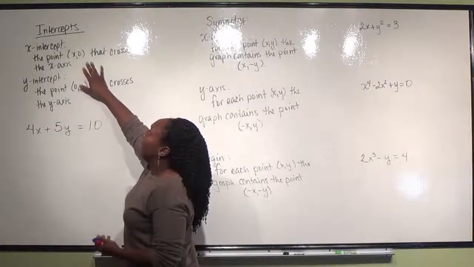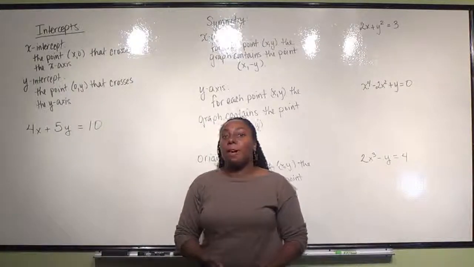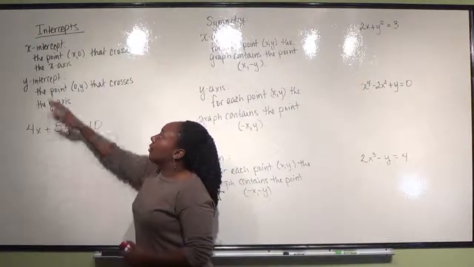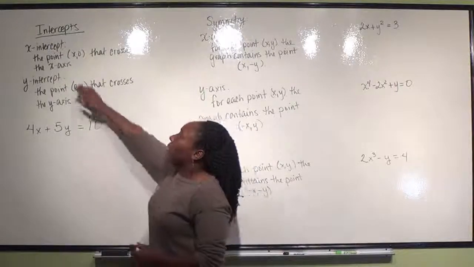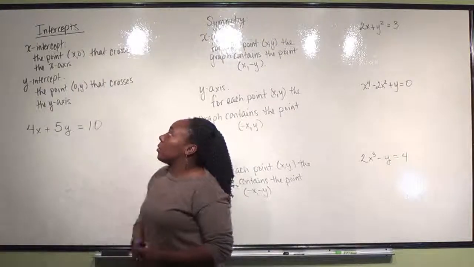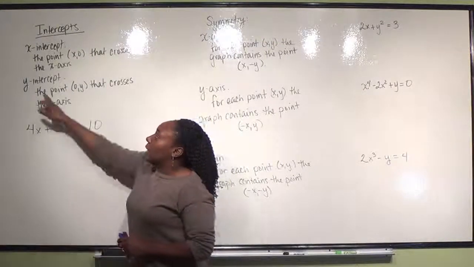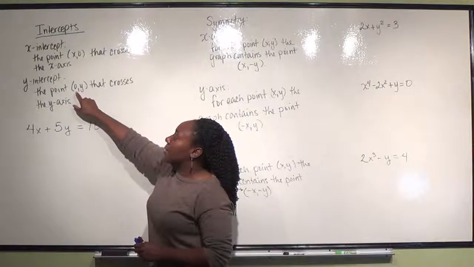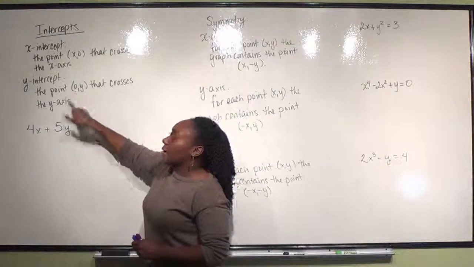And if we look at the definition, it tells us how to find these intercepts. If I'm looking at the x-intercept, we're looking for coordinates (x, 0), meaning the y-coordinate is always going to be 0. And if we're looking at y-intercepts, then we're looking at (0, y), meaning that the x-coordinate is always 0.